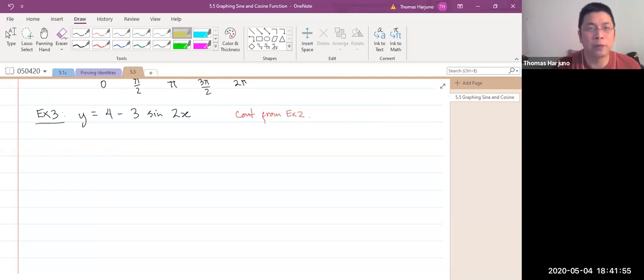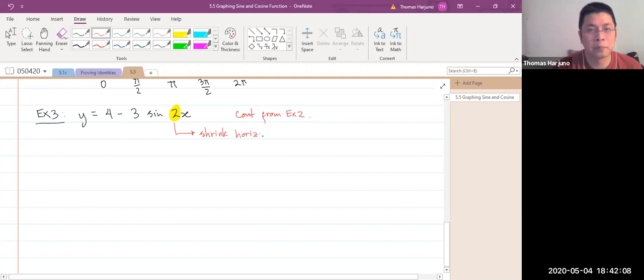The new difference is the period. Notice that this means we shrink horizontally by factor of 2.